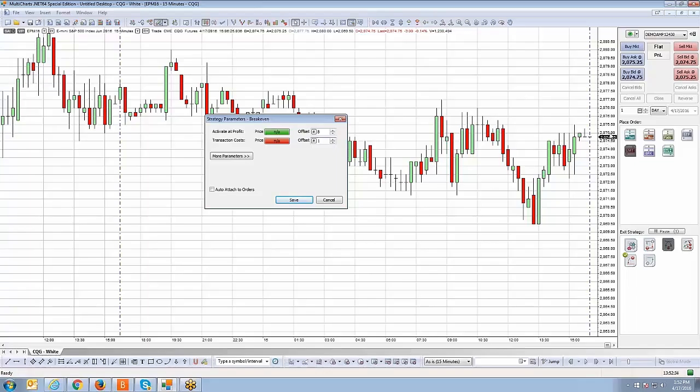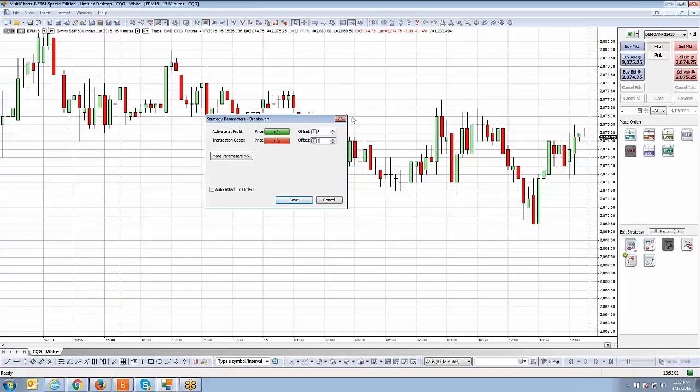So in the worst case scenario, where the market comes back down and goes against us, we're going to lock in one tick of profit, which is really a true break even. If anything, you're going to make a little money because $12.50 is more than enough to cover your costs at AMP Futures. So that's what that transaction cost field will do. If you add a positive value to the offset there, you're essentially locking in one tick of extra profit, based on the stop moving one tick above your entry price.